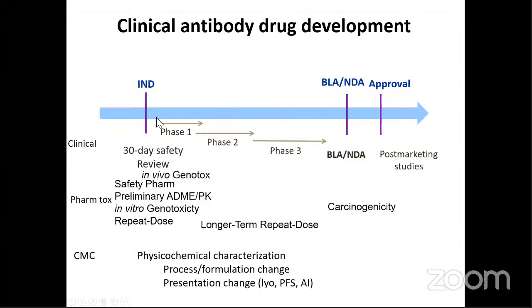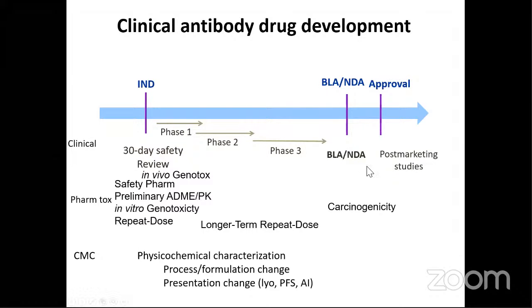Let's say at the IND stage you started with a subcutaneous formulation and an IV formulation, and at the phase 2 stage, because of commercial and logistic reasons, you need to move to a different kind of formulation. From a PK perspective, a bridging study needs to be done. And also from the repeat dose perspective, because a lot of these monoclonal antibodies specifically are given for a long duration of time, all that data needs to be supported by repeat dose studies also.